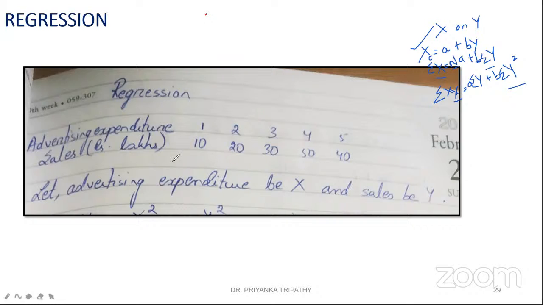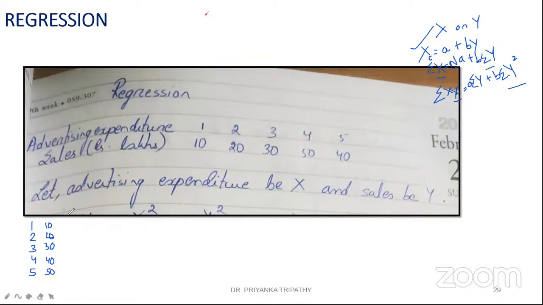So as I said, you have to rewrite the data like this. This is the x-axis: 1, 2, 3, 4, 5. And this is the y-axis: 10, 20, 30, 50, 40. So you require y square.